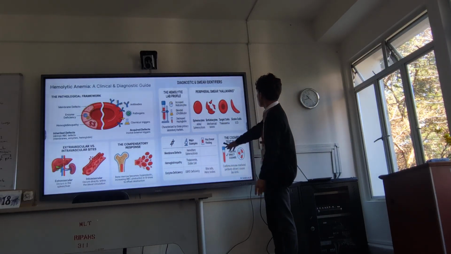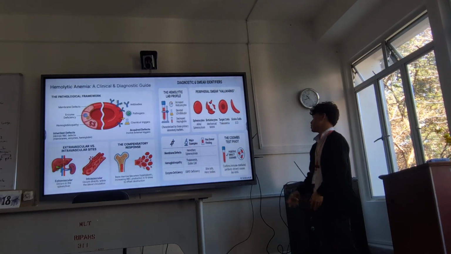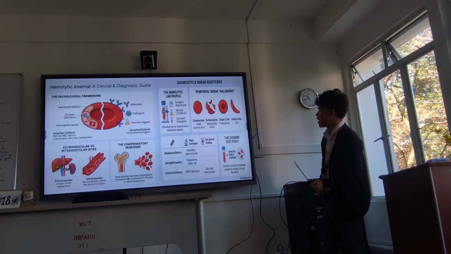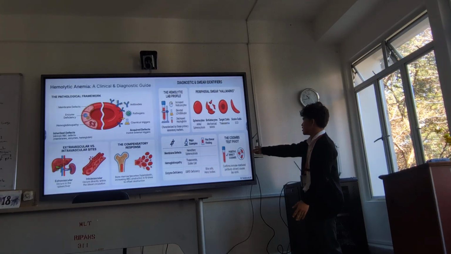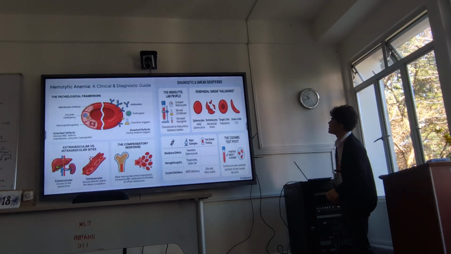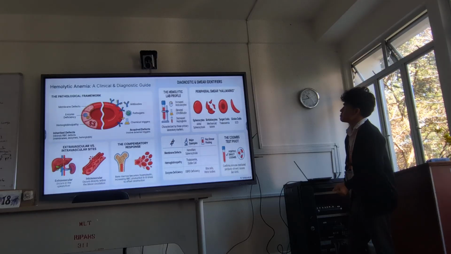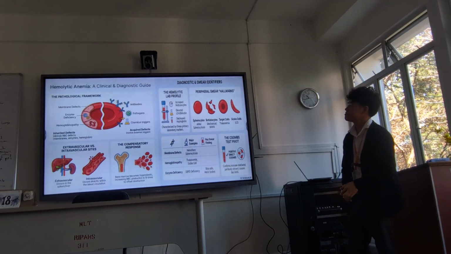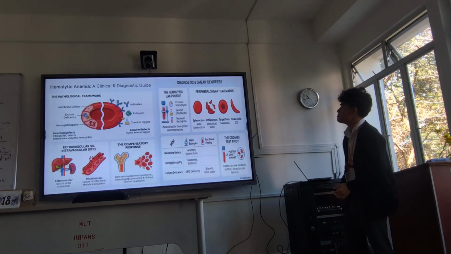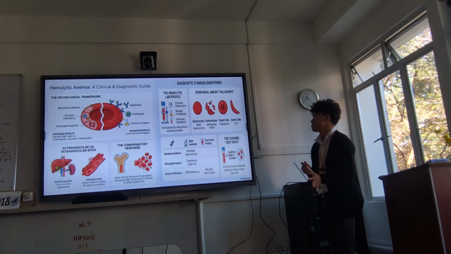This is a particular smear. If you look into the PBS, you will see this type of cells in hemolysis. Now we are saying first of all, what is the reason for hemolysis? It's due to a membrane defect, an enzyme problem, or an HB problem. These three are intravascular problems.